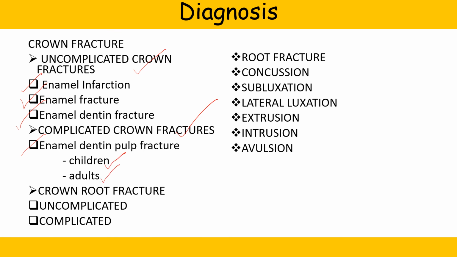Then we can have a crown and root fracture, which may be uncomplicated, that means no pulp involvement, or complicated with pulp involvement. And it can just be a root fracture. Along with any of these conditions, we may have a condition such as concussion, subluxation, lateral luxation, extrusion, intrusion, avulsion, or complete loss of tooth structure. In all our upcoming lectures, we'll be discussing in detail the treatment options for each of the conditions that I have so far talked about.